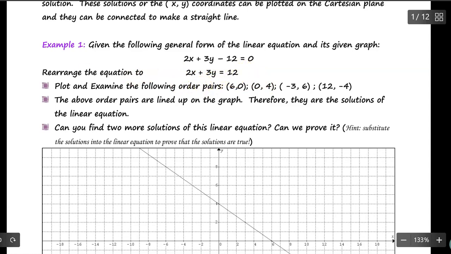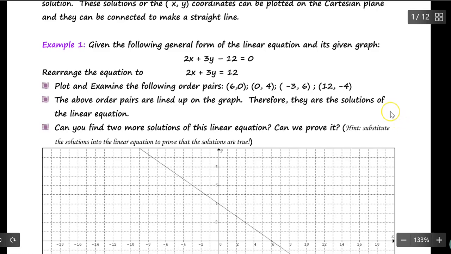Then we plot and examine the following ordered pairs: (6, 0), (0, 4), (-3, 6), and (12, -4). We want to see if these pairs given to us actually line up on the graph. If they line up on the graph, then they are solutions of the linear equation. So we can find two more solutions for this linear equation and prove it.